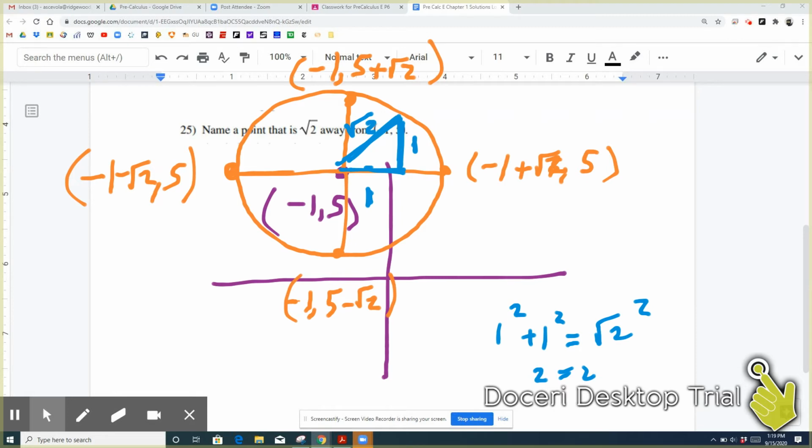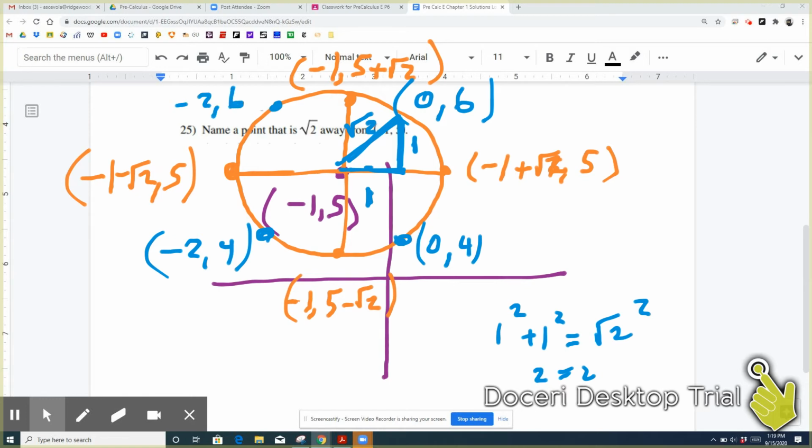If you think of the Pythagorean theorem, a squared plus b squared equals c squared, it would give you root 2 for the hypotenuse. You can move 1 right, 1 up, so you're at (0, 6). You can move 1 right and 1 down, so you're at (0, 4). You can move 1 left and 1 down, so you're at (-2, 4). You can move 1 left and up 1, so you're at (-2, 6).